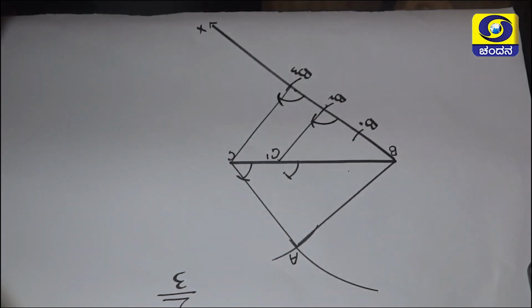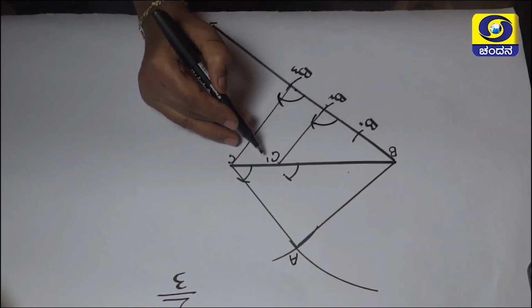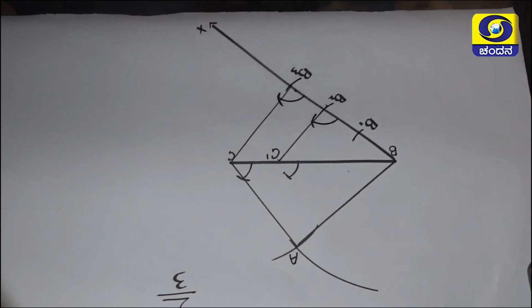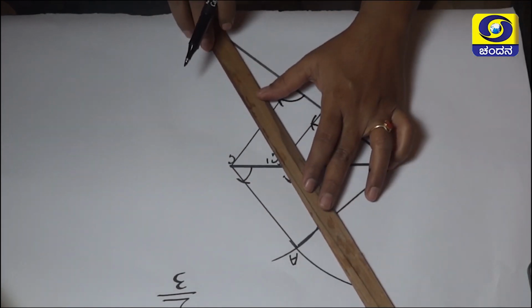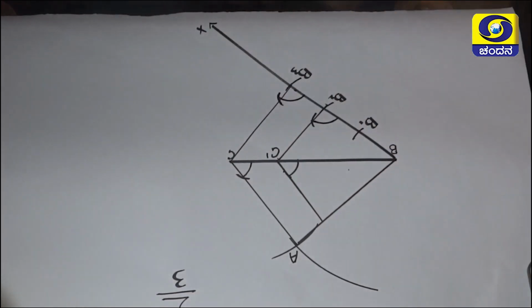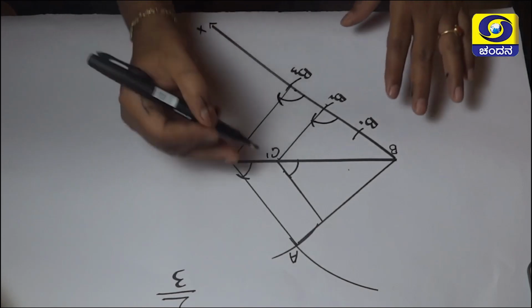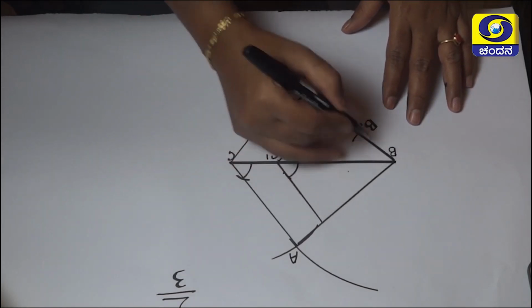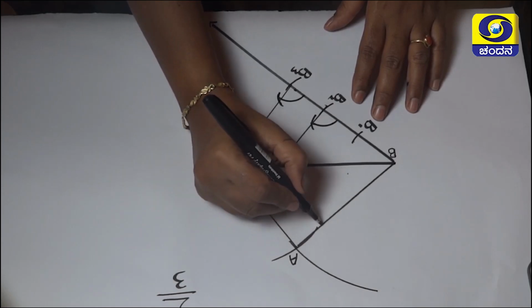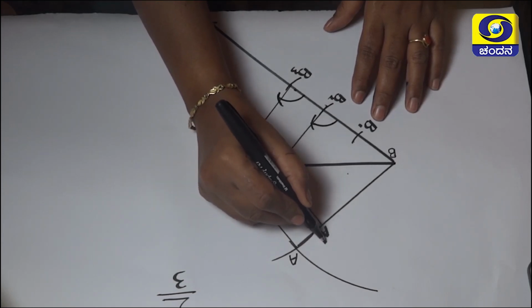Now join the point C dash to the line segment AB, passing through this point of intersection. In this way, here we have got one more triangle. Before that, let me name this point as A dash.